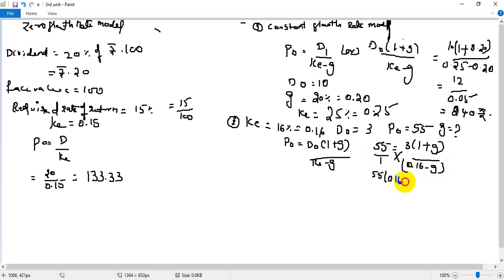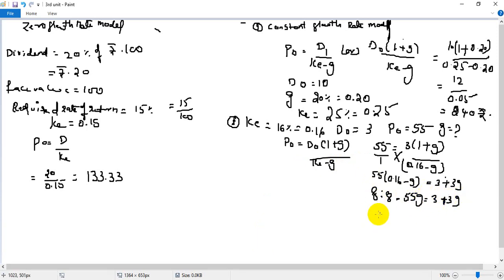If you cross multiply, 55 into 0.16 minus g is equal to 3 plus 3g. So 55 into 0.16 will come to 8.8. So 8.8 minus 55g is equal to 3 plus 3g.